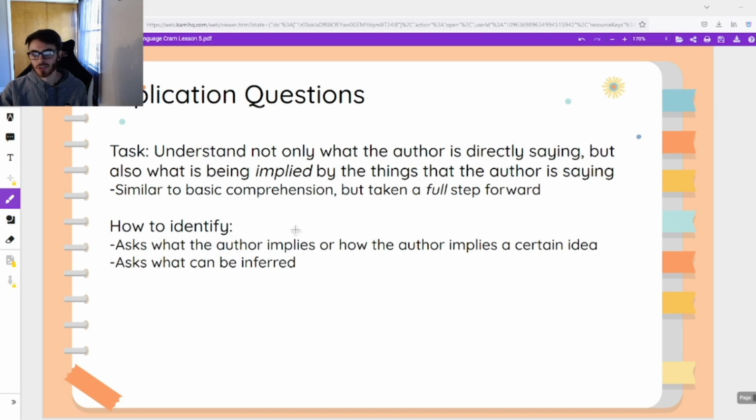You can identify these question types because they will oftentimes either use the word implies, imply, implied, any tense of the word imply, or infer, any tense of the word infer. They may ask what the author implies, they may ask how the author implies a certain idea, or they may ask what the reader can infer from what's written.